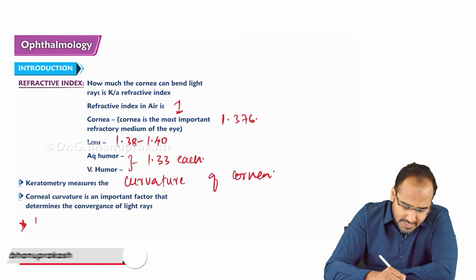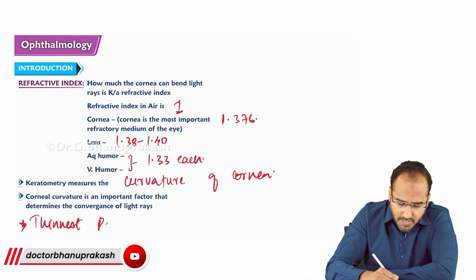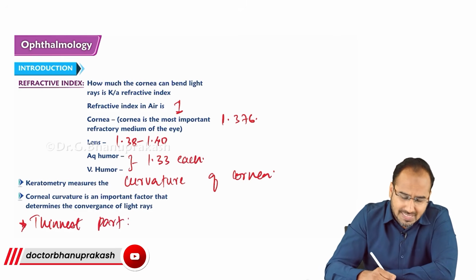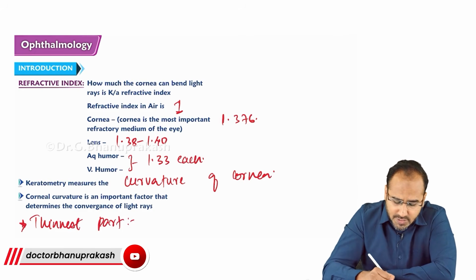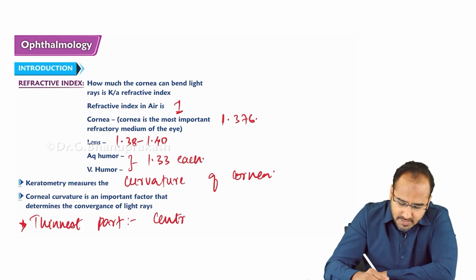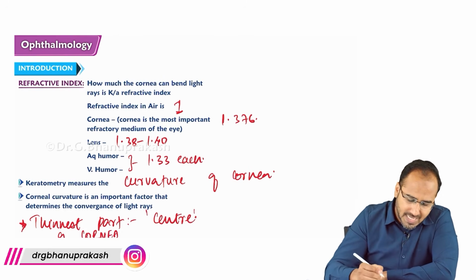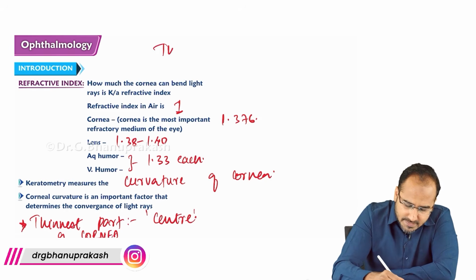You can just write there, guys. The thinnest part of the cornea is where it can rupture the most. Thinnest parts are very important. The thinnest part of the cornea is the center. Whereas, what is the thinnest part of the sclera?